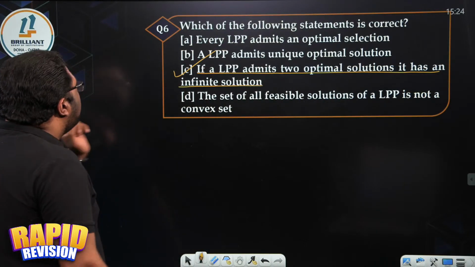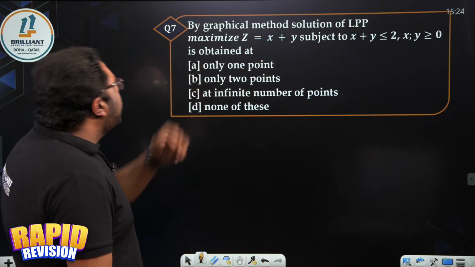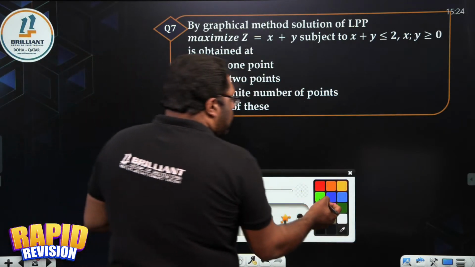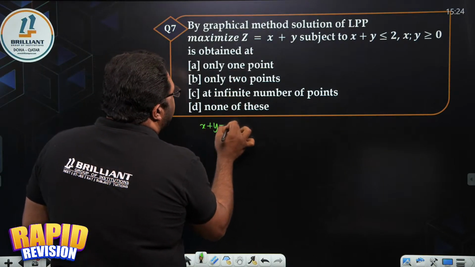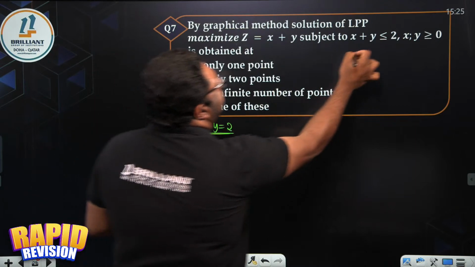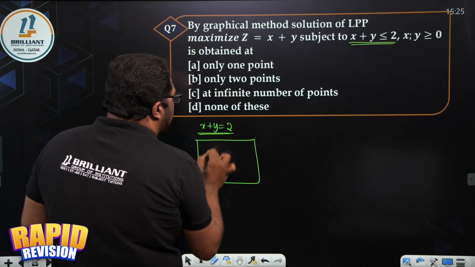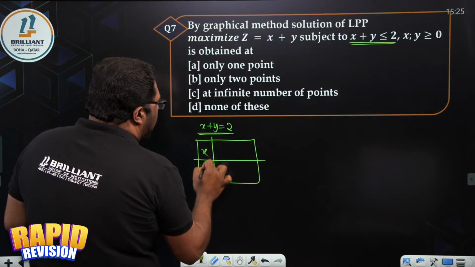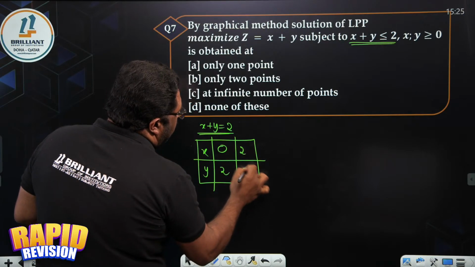Question 7. Draw the graph and find the maximum value of z. You might think it's very big. No, it's a simple graph. X plus y is equal to 2 is the only constraint. No other constraint. So if you try to draw it, it's a line which passes through (0, 2) and (2, 0).